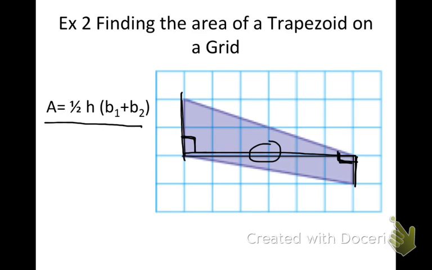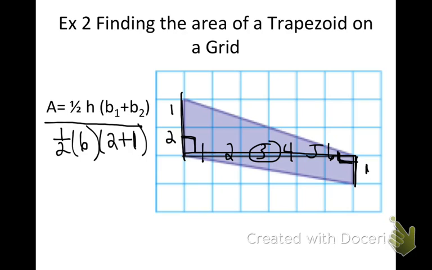To calculate that, you count the number of boxes. So I have 1, 2, 3, 4, 5, 6. Therefore, I know my height is 6. This one side's a base, so that's 2. This other side's a base, so plus 1. So I have 1/2 times 6 times 3.